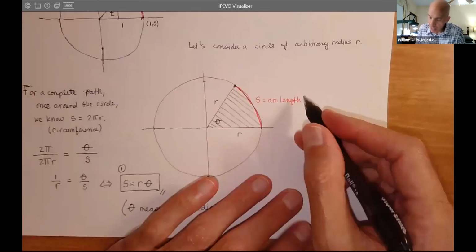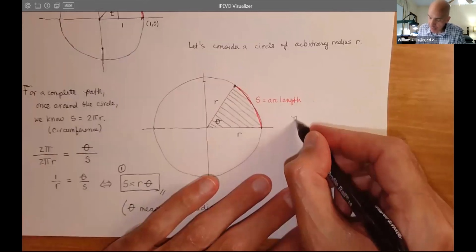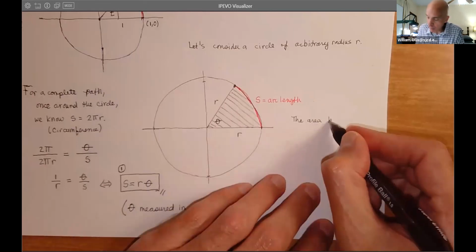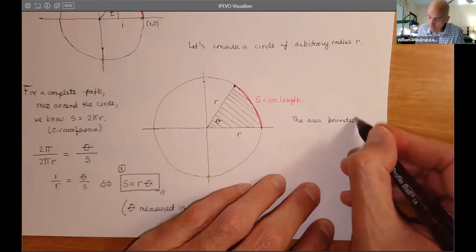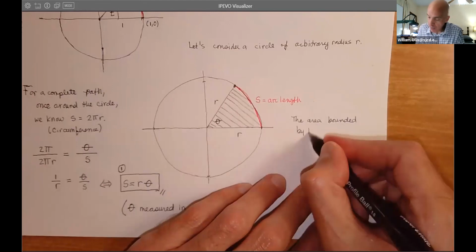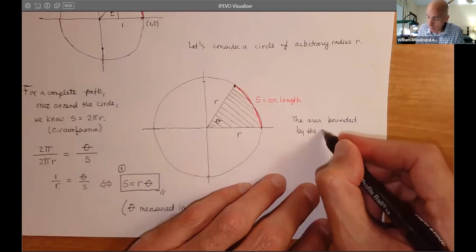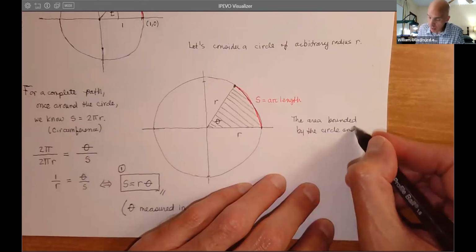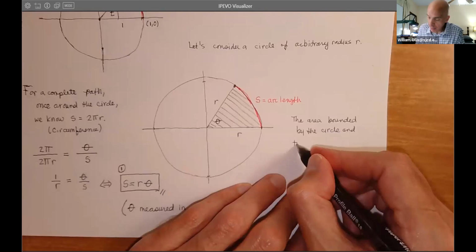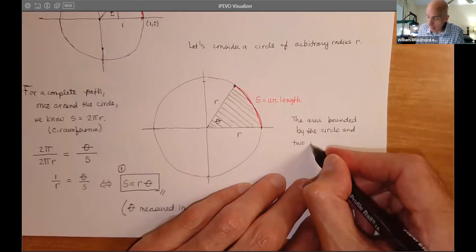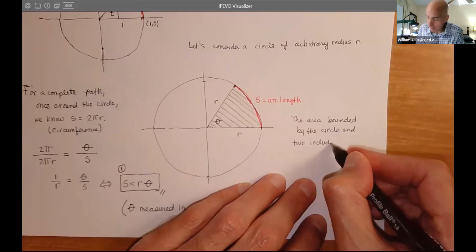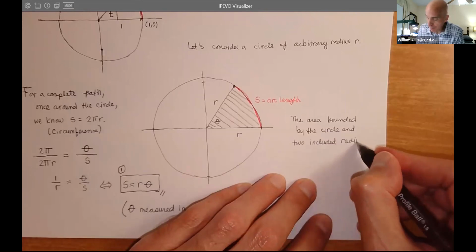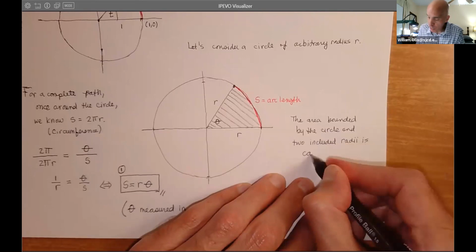So we'll say the area bounded by the circle and two included radii is called a sector.